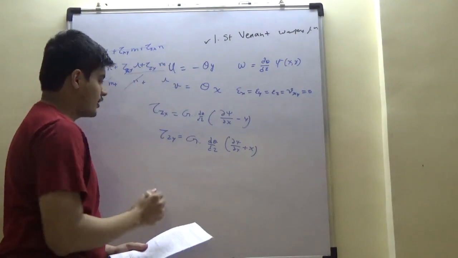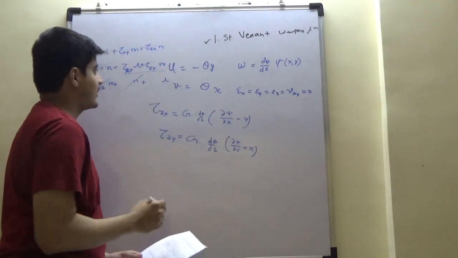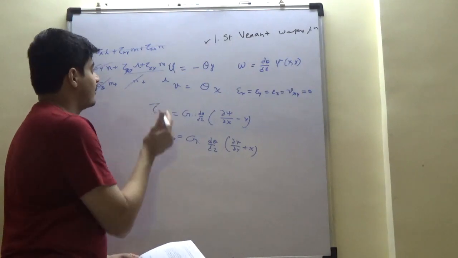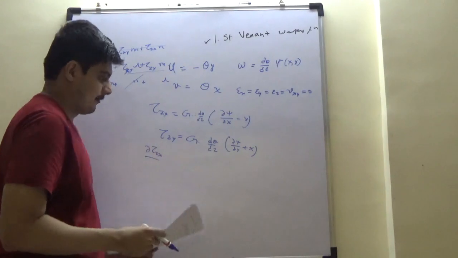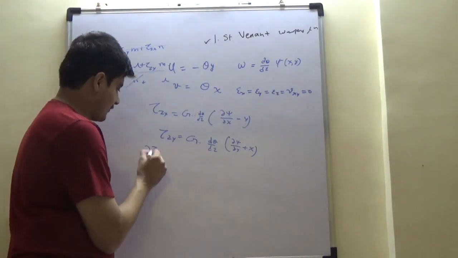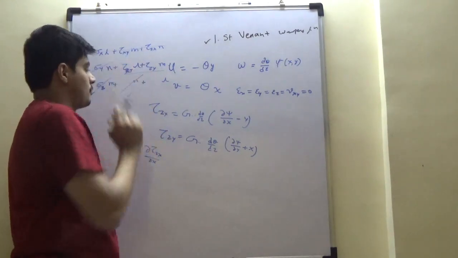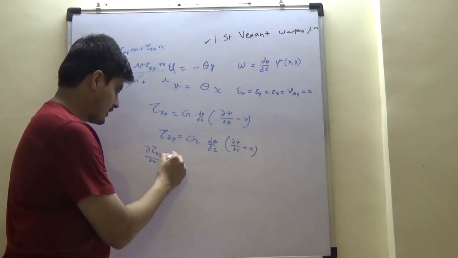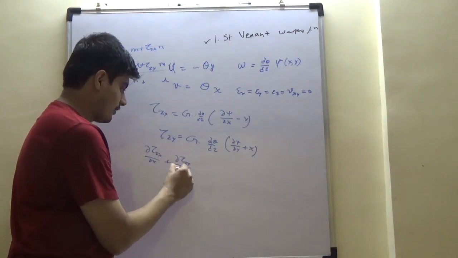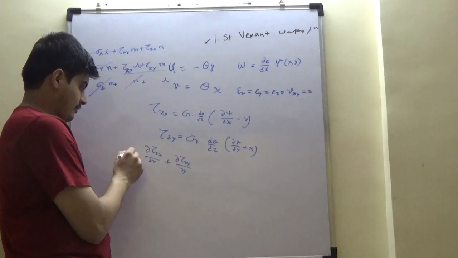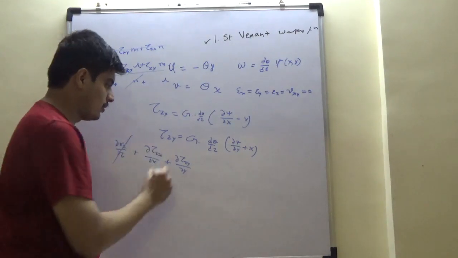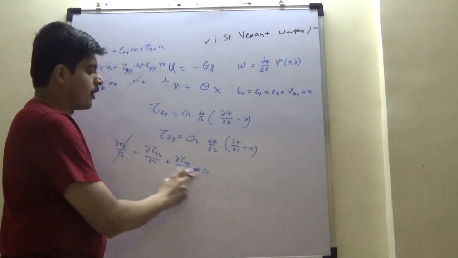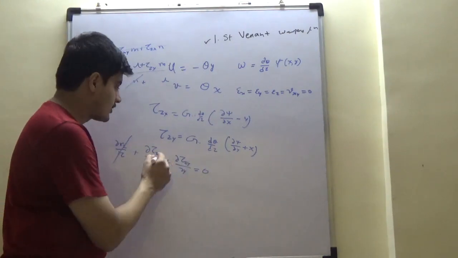And since these are directional constants, what we said further is from the equation of equilibrium of x bar, del tau zx, right, by del x, because this is by del x, plus del tau zy by del y, plus del sigma z by del z. This is anyway 0. In absence of body force, the equilibrium equation is this.